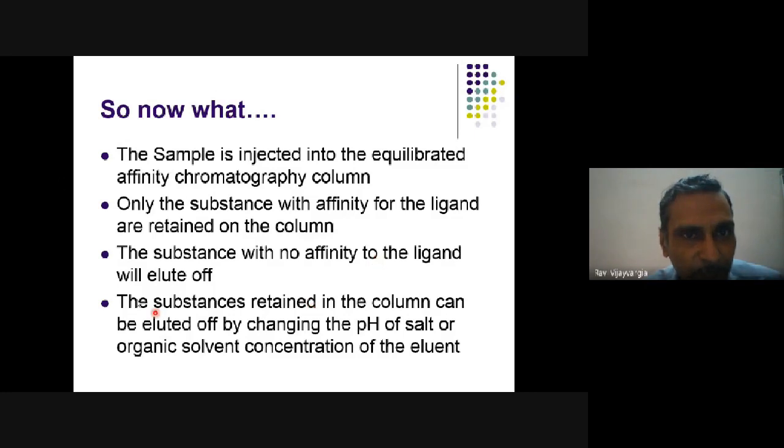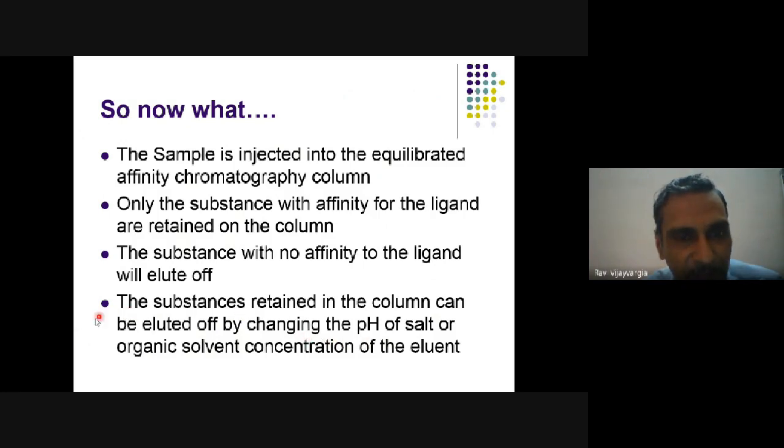Normally, once you have the column, the sample is injected in the buffer, with the column already equilibrated with the buffer of choice, and only the substance with the affinity for the ligand will bind to the column, and others will be eluted off. As I just said, the substances retained in the column can be eluted by changing the pH, or you can use a competitor, or you can use a protease.